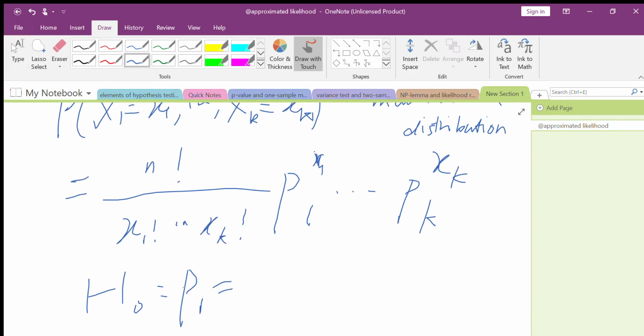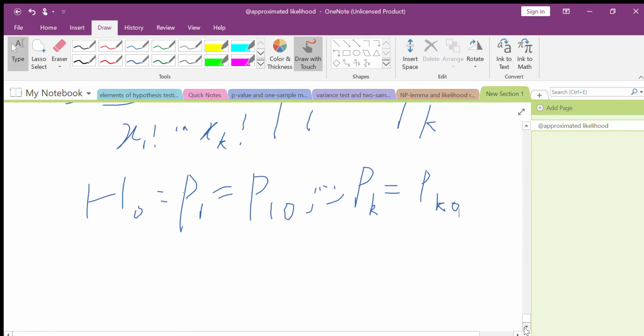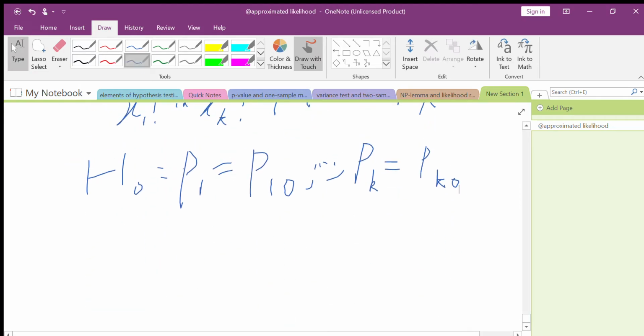The null hypothesis is P1 equals some P10, all the way to Pk equals Pk0. And H1, the alternative hypothesis, is not H null.